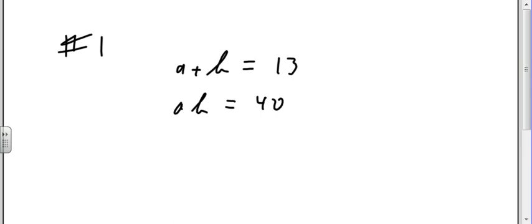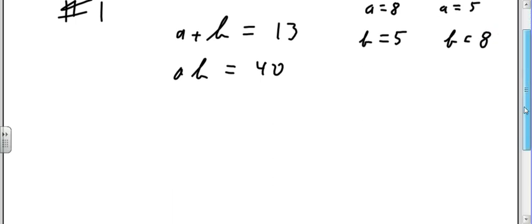So we can just look at it and know the answer. That'd probably be the best way to do that one. Or it could be the other way around: A is equal to 5 and B is equal to 8. It could be that way.